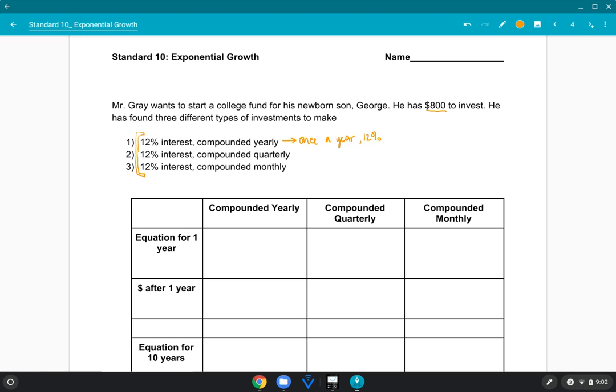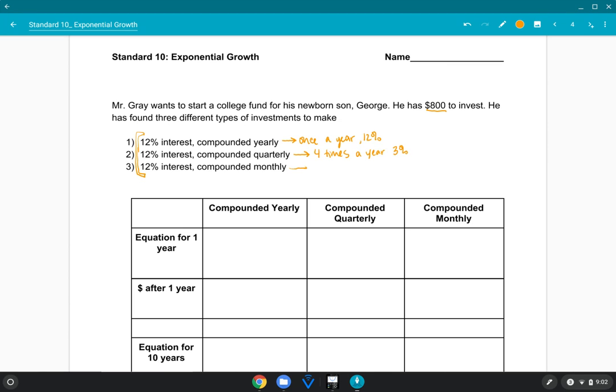When it says quarterly, that means 4 times a year, 3% is added on because 4 threes is the same as 12. So it equals 12%, but it breaks it down. So 4 times a year, 3% is added on.